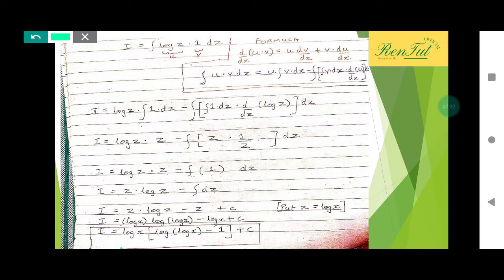So in the final equation, log x is common on both sides. The log x over here and the log x over here are common, so we will take log x as common, and inside the square bracket what is left is log x into log x, since that log x is gone on top, minus 1, bracket close, plus c. So this is your final answer.